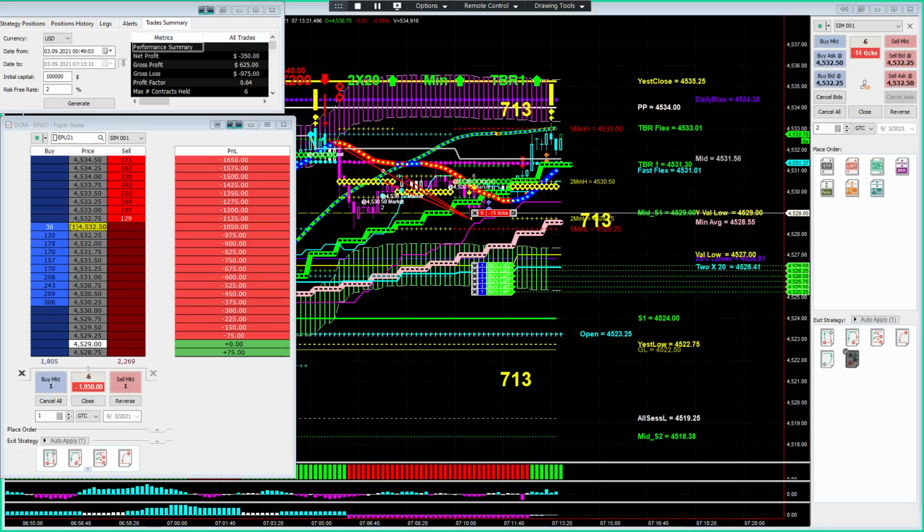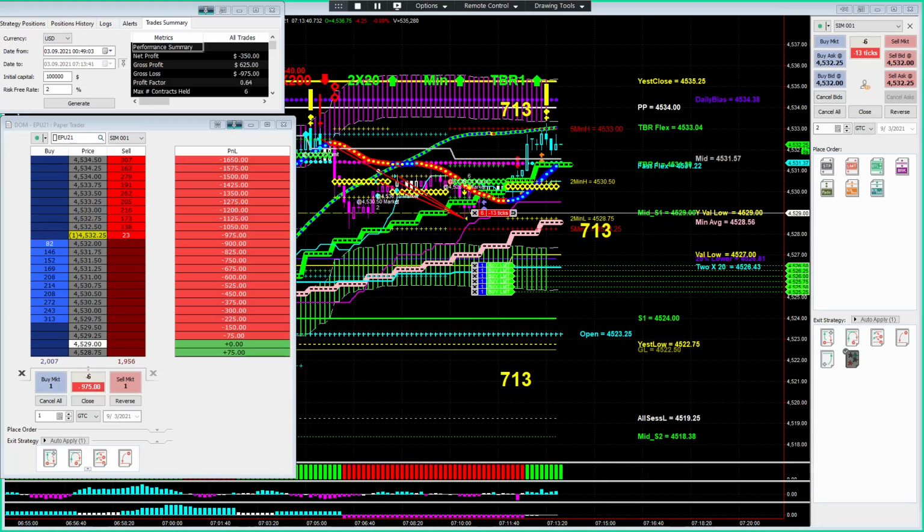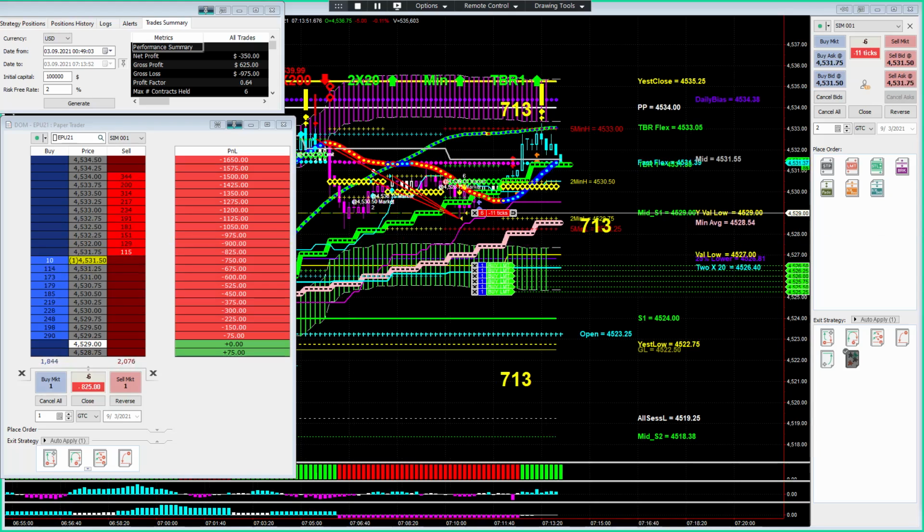I'm watching the market here, right around our 5-minute highs. We haven't hit the pivot point yet. Had a little bit of selling from the top. All right, I'm going to go ahead and add to it.